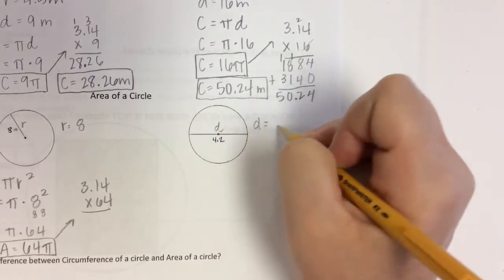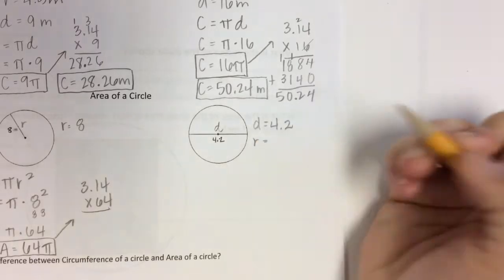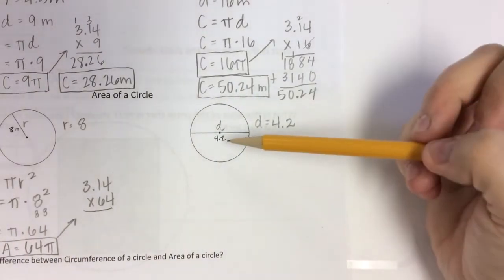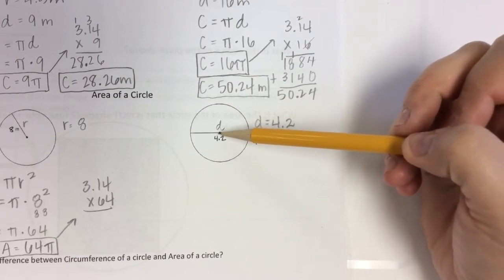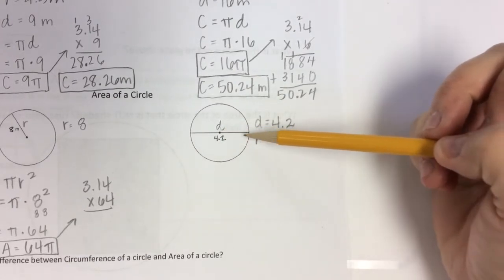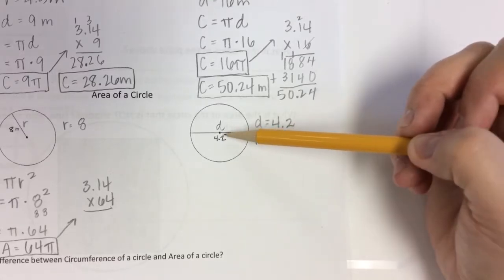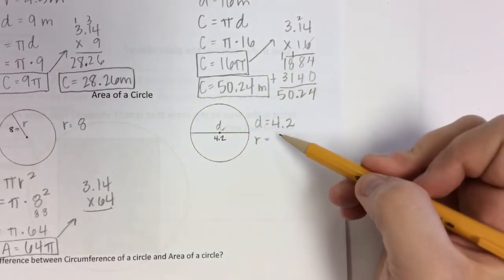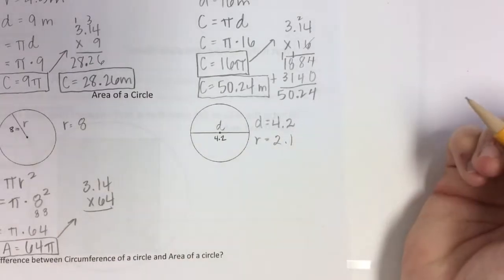So if the diameter is 4.2, think about how we could find the radius. Okay, keep in mind the radius just goes from the middle out. And so if you agree, we could say that the radius is half of this distance. And so if we take half of 4.2, we get 2.1.